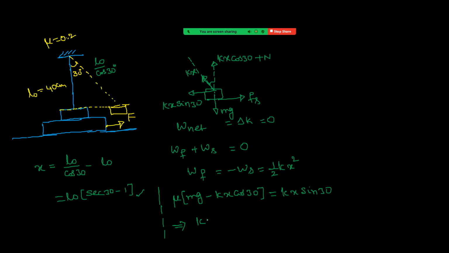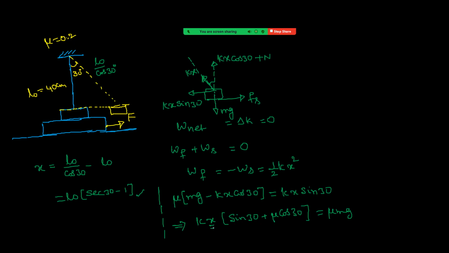Remaining is now kx into sin 30 plus mu cos 30. See carefully once. Kx, I have taken common sin 30. I have taken this one to right side. So mu into cos 30, that is equal to mu mg.